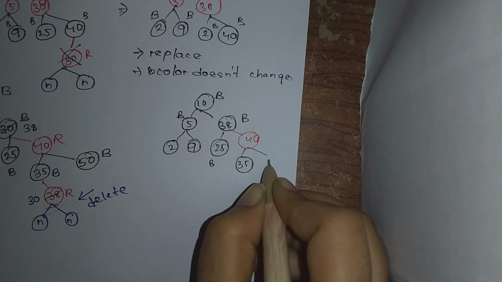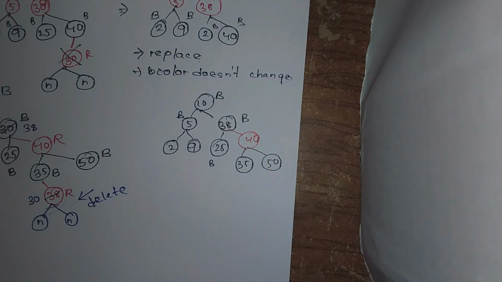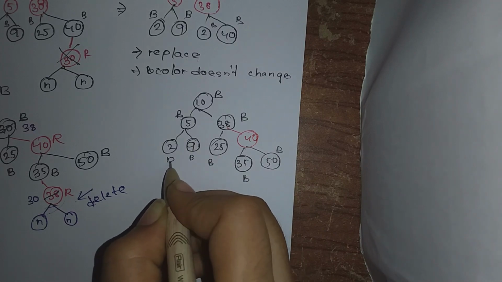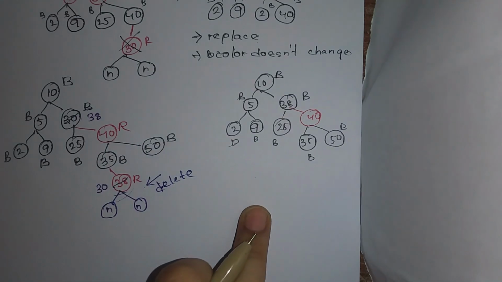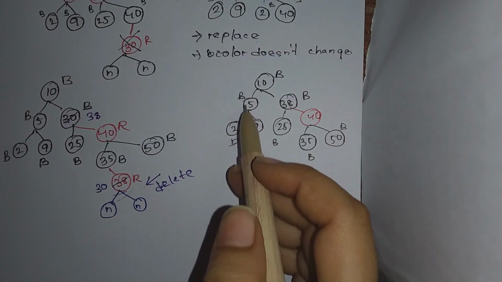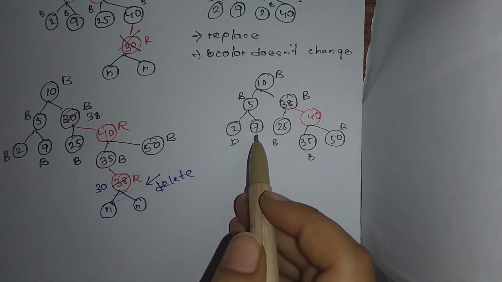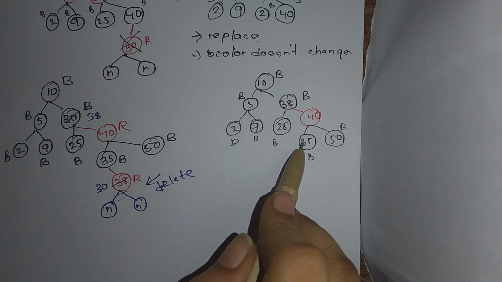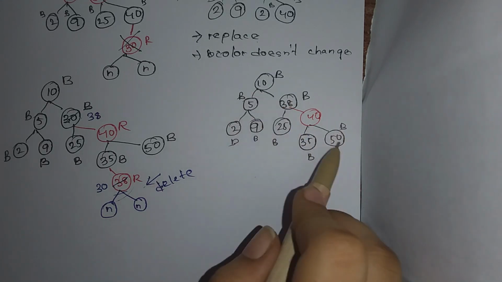So in the red node, the most important thing that we need to check is that replacing doesn't change the color of the nodes to be replaced. So the final answer after deleting 30 will be this.